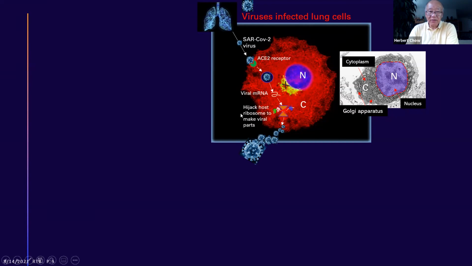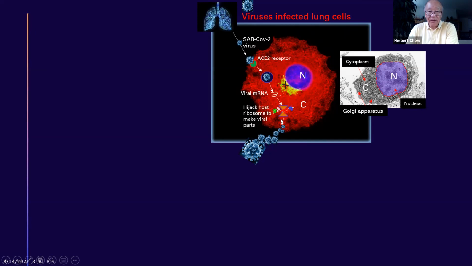It then hijacks our own cell mechanism, the ribosome, which is a factory to make protein. So the virus, through this messenger RNA, hijacks our ribosome and starts making protein for itself, according to whatever message is encoded on the messenger RNA.